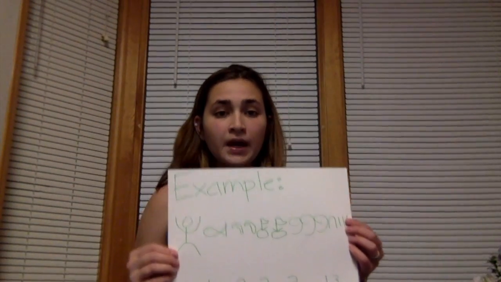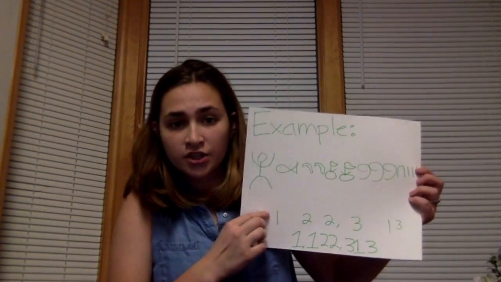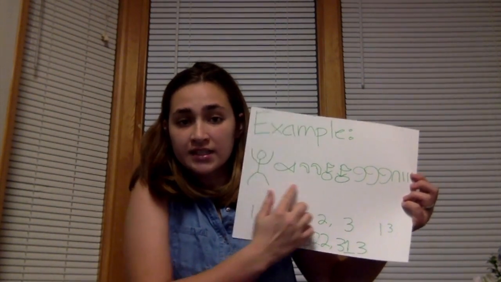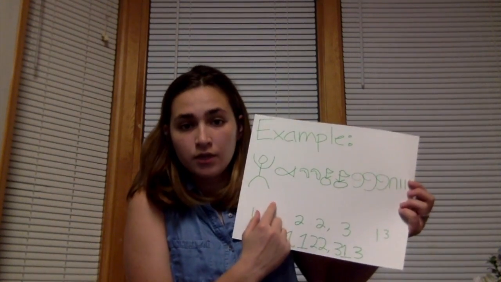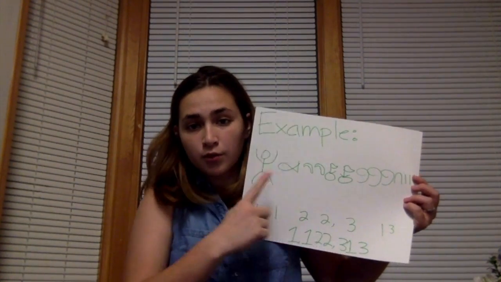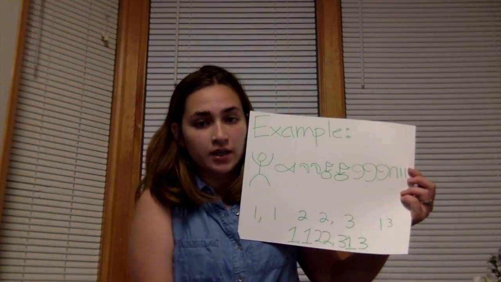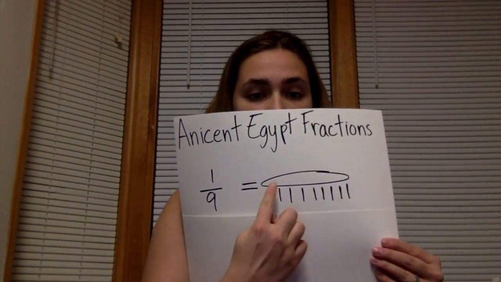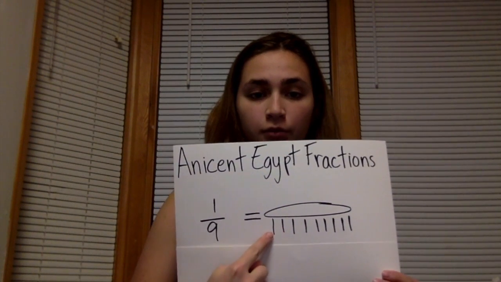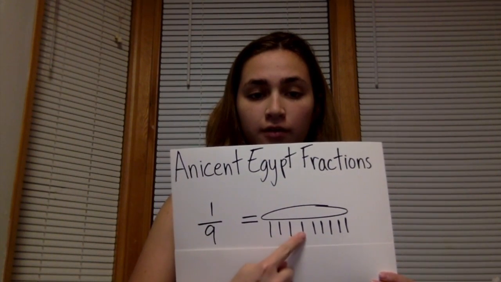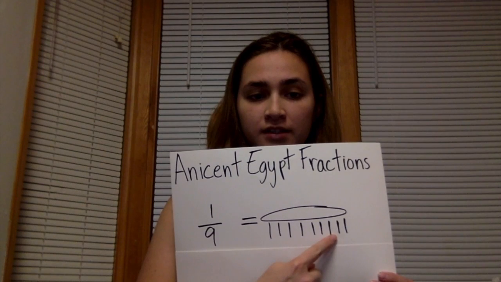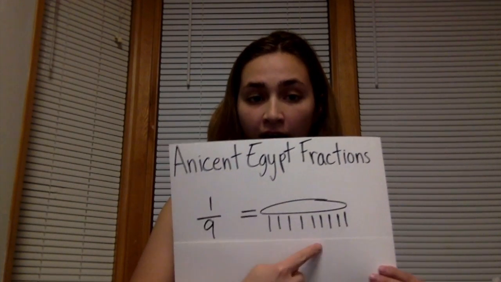The thing about the ancient Egypt system is that it doesn't matter what order they go in. So if I were to have 2 scrolls on this side, it wouldn't matter. It would still equal the same amount. Also, ancient Egyptians knew of fractions. For example, this is the fraction symbol. So we have 1, 2, 3, 4, 5, 6, 7, 8, 9 staffs.